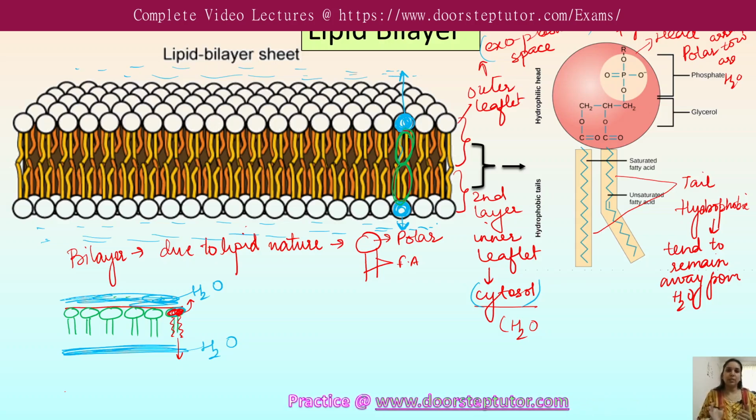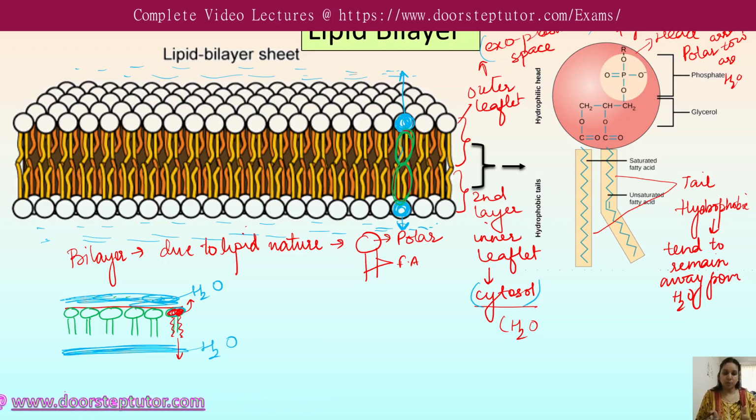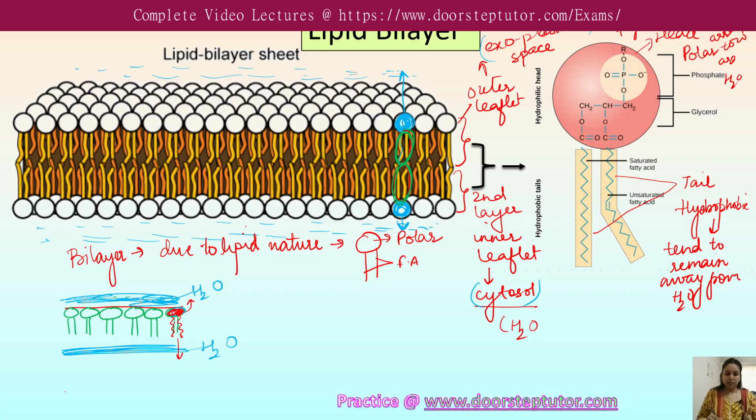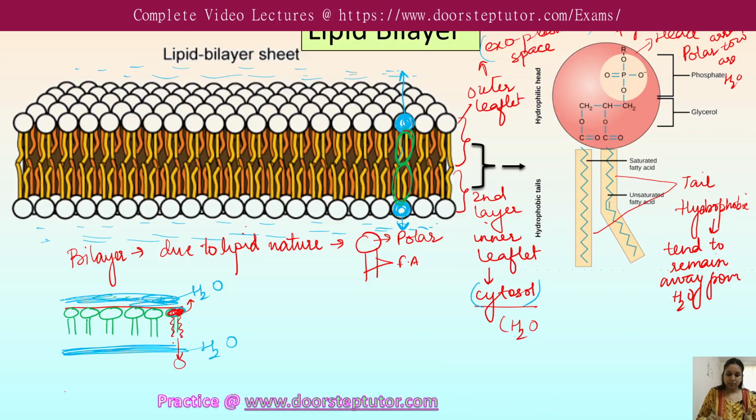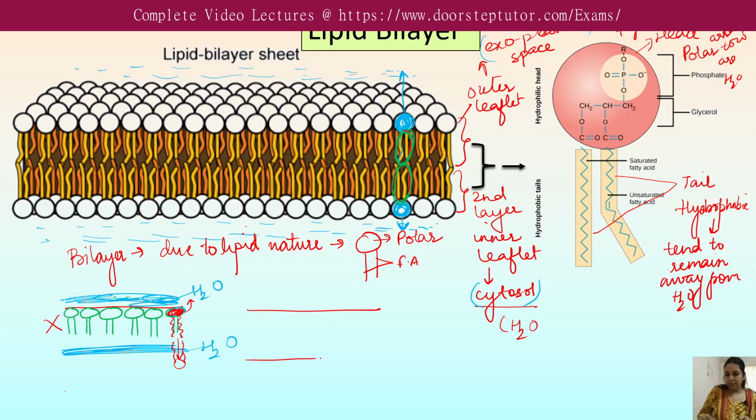They always tend to repel themselves. So this formation of a monolayer is not possible, because inside the structure there is the aqueous environment of the cytoplasm, and there needs to be some polar head or polar molecule so that the tail part can be stabilized. So the monolayer is not stable. Therefore, the lipid layer is a bilayer, like this way.